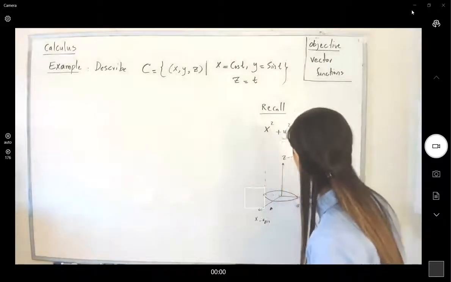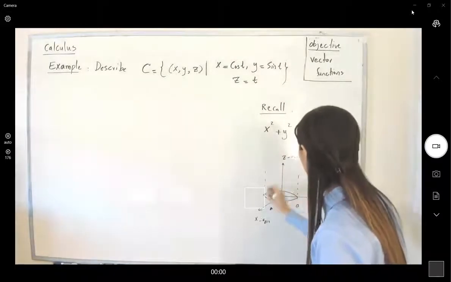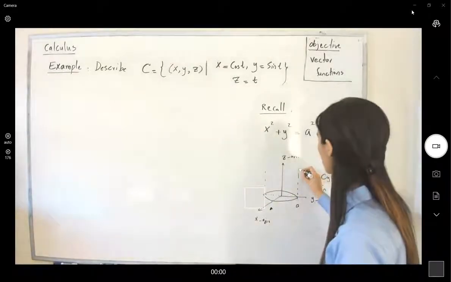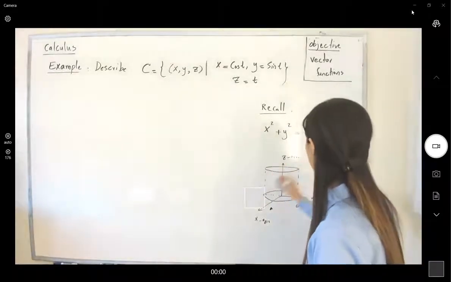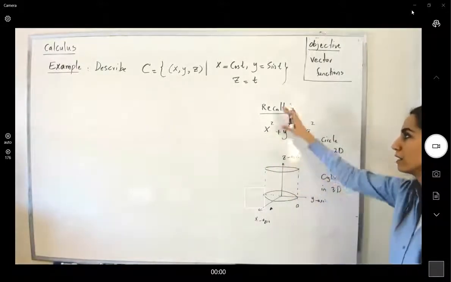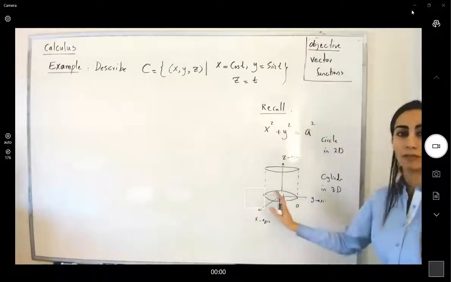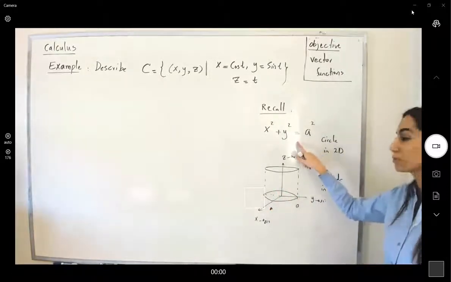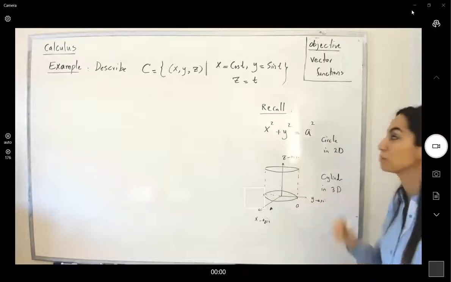But this continues. You have circles built on top of each other, and it forms a cylinder parallel to the z-axis. Very well. We have seen the parametrization and the equation of a cylinder before.